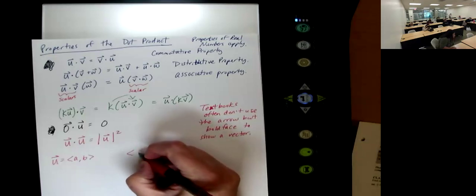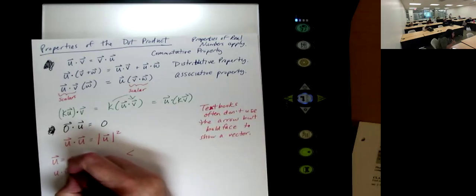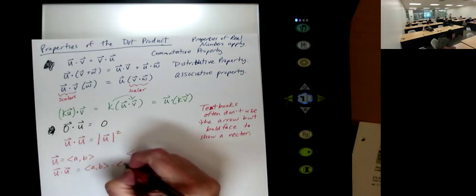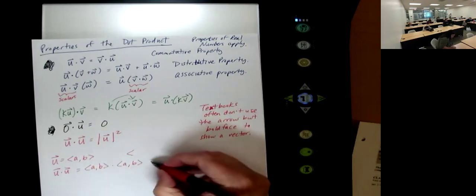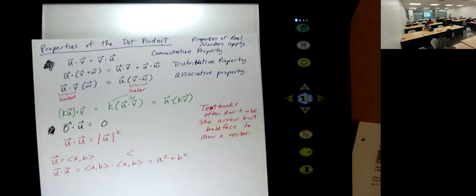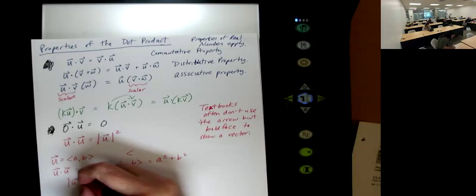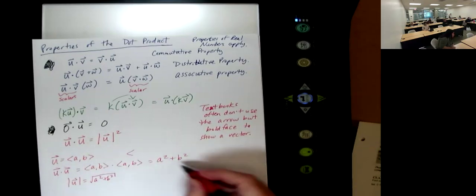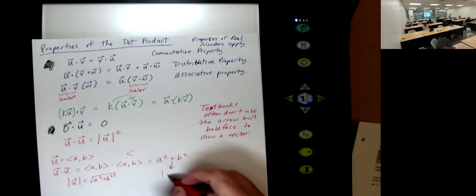So u dot u is (a, b) dotted with (a, b), which is a squared plus b squared. But the magnitude of u was the square root of a squared plus b squared. Which means that is the magnitude of u squared.